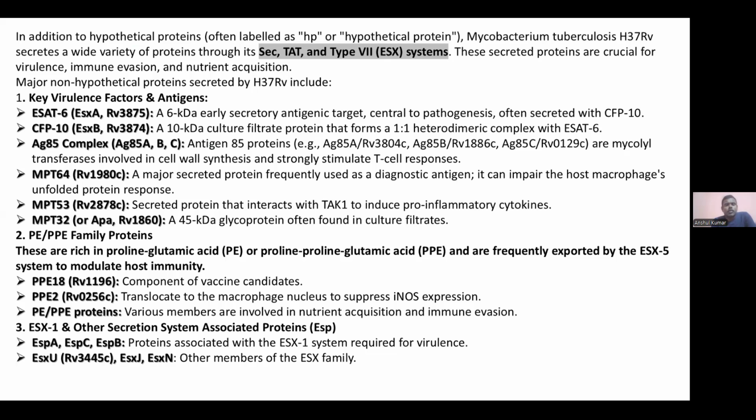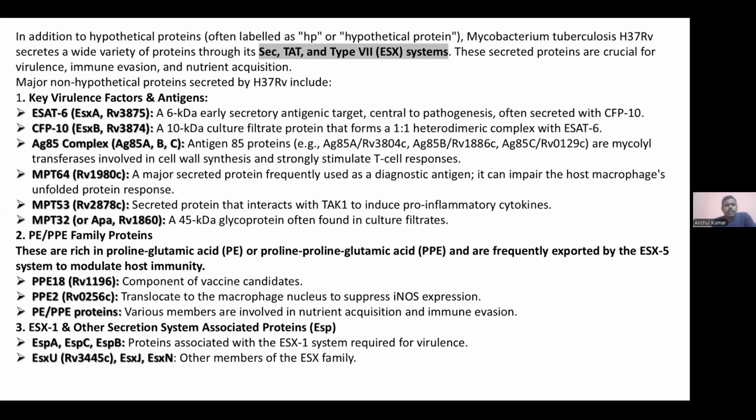Major non-hypothetical proteins secreted by H37Rv include ESAT-6, that is EsxA, Rv3875, a 6 kilodalton early secretory antigenic target central to pathogenesis, often secreted with CFP-10. CFP-10, that is EsxB, Rv3874, a 10 kilodalton culture filtrate protein that forms a 1:1 heterodimeric complex with ESAT-6.